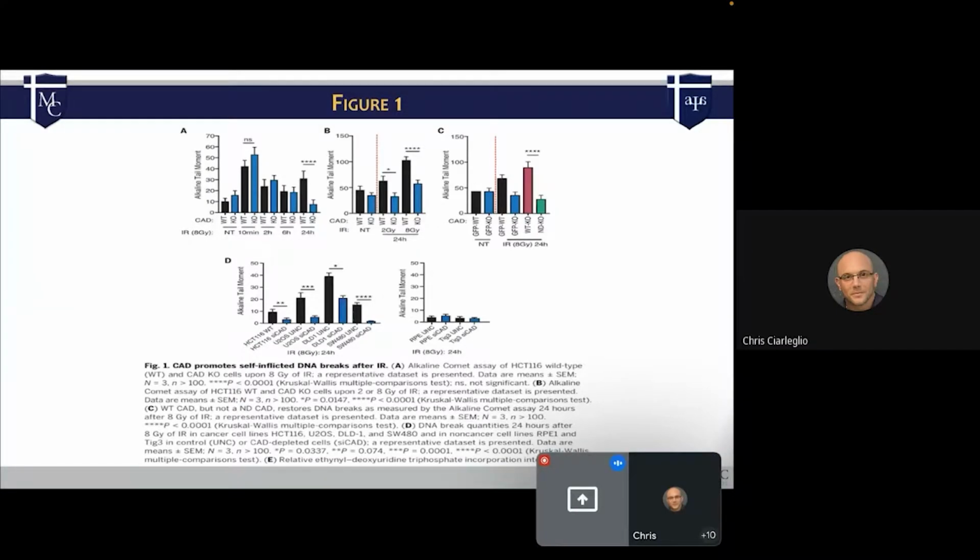That's pretty much it. Yeah, so these HCT 116 cells are actually from a male patient who had colon cancer. It's an immortalized cell line that lives forever. They're used as cell lines.